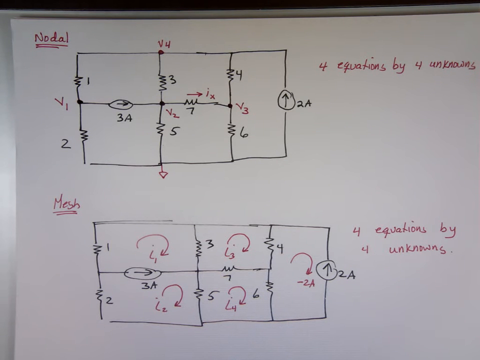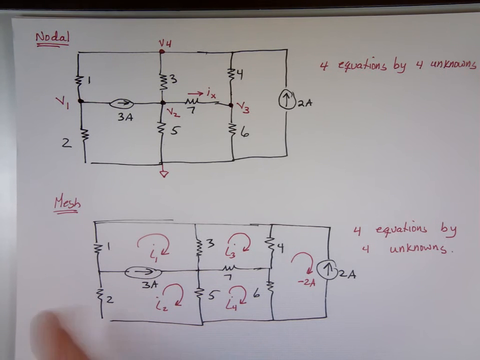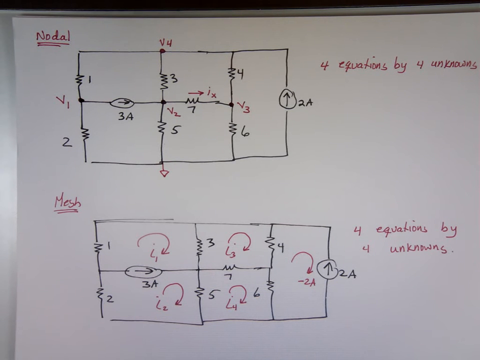So it didn't make a difference again which method to use here. Well, let me modify this problem. I don't like this problem. Let's say this source here, because I'm trying to show you sometimes one method is better than the other. Let's assume this source now is actually a voltage source instead of a current source. So different example. So this is either method.